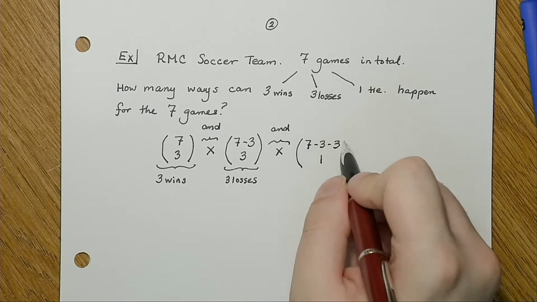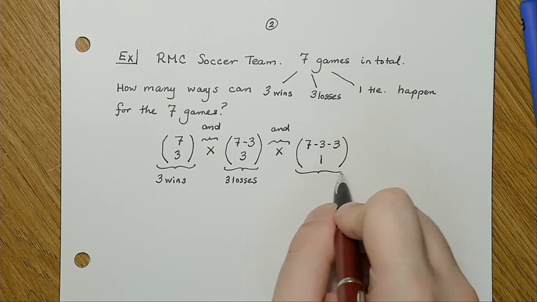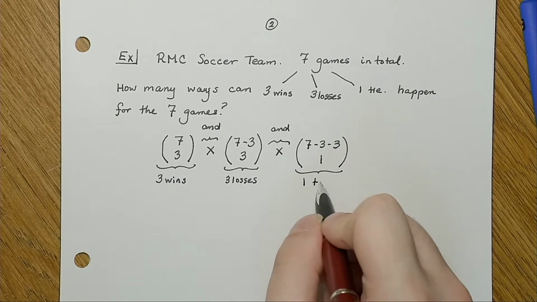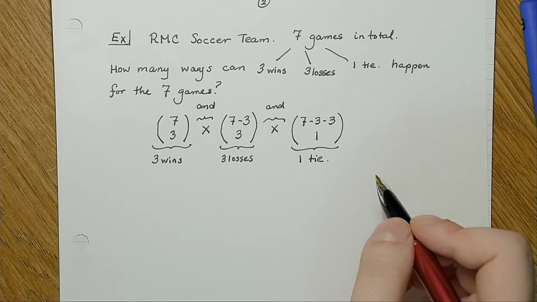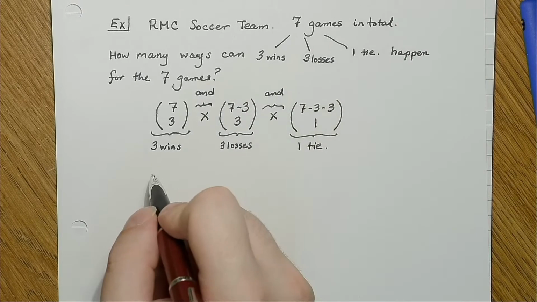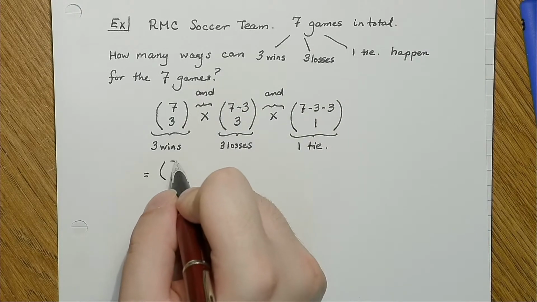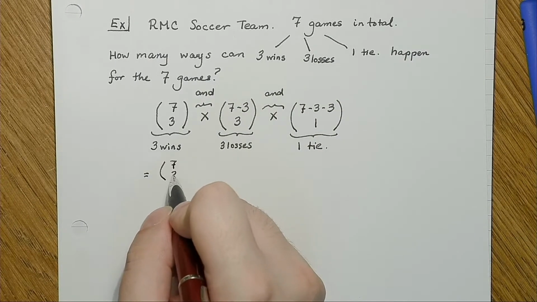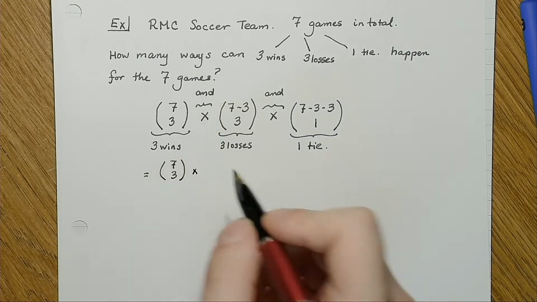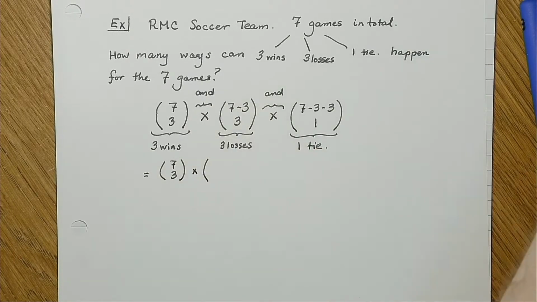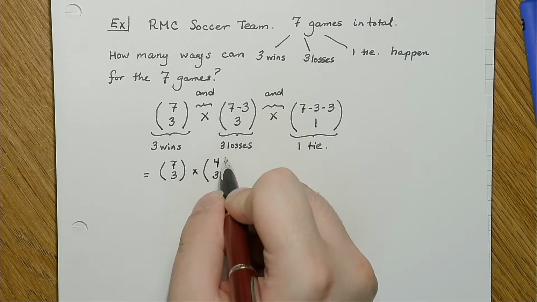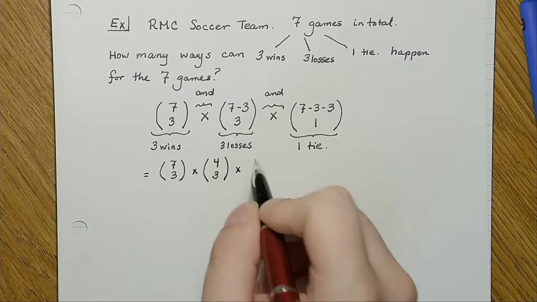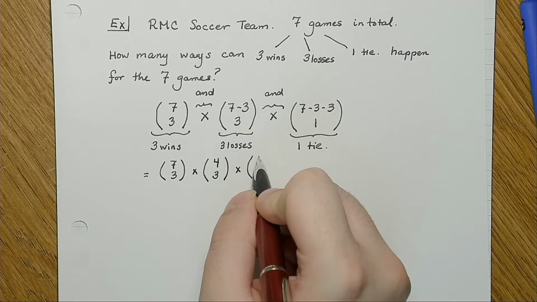And you would have 1 loss. Or sorry, 1 tie. So you would have 7 choose 3 times. Then you would have 7 minus 3. So that's 4 choose 3 times 1 choose 1.